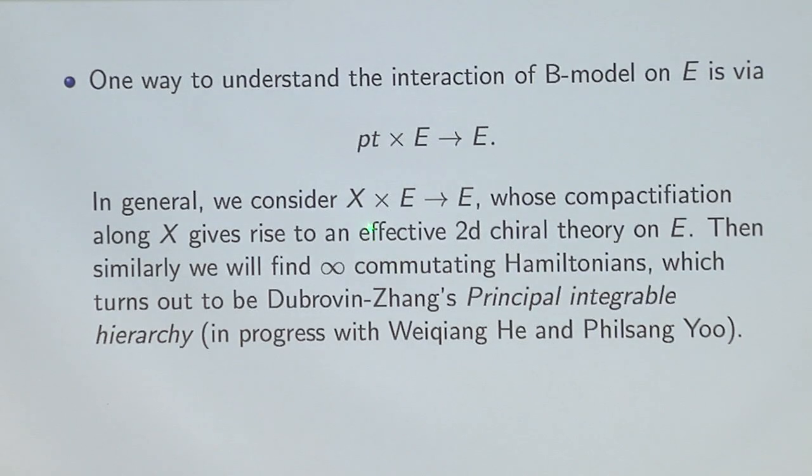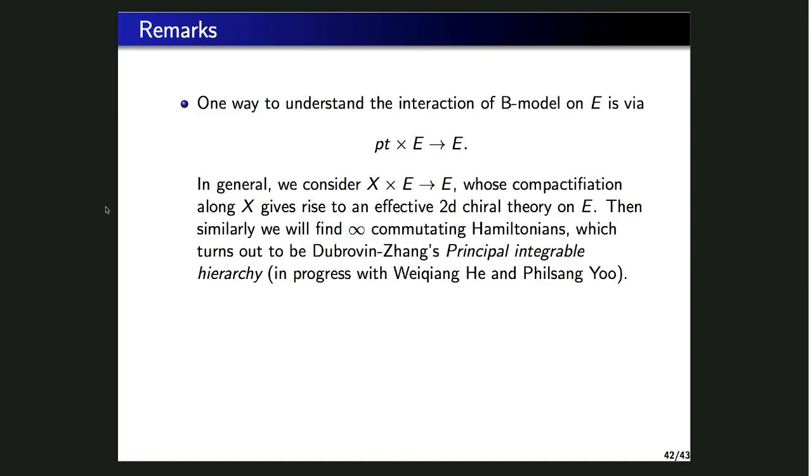You can put in any Calabi-Yau geometry and look at this trivial fibration, the product space. Then you construct a so-called push-forward functor, which amounts to compactifying over this Calabi-Yau geometry. You get an effective two-dimensional chiral deformation of the CFT. Then again, the master equation implies that you find infinitely many commuting Hamiltonians. And this turns out to be related to Dubrovin-Zhang's principal integrable hierarchy. This is joint work with Wei Chang, Si He, and Philsang Yoo.